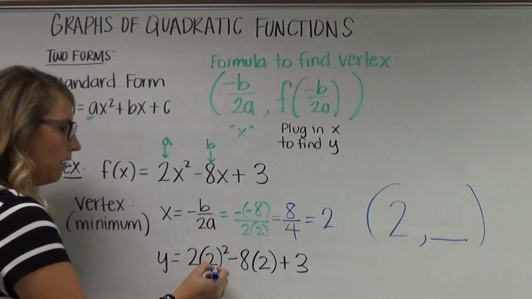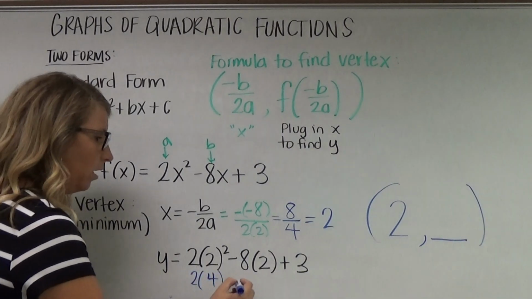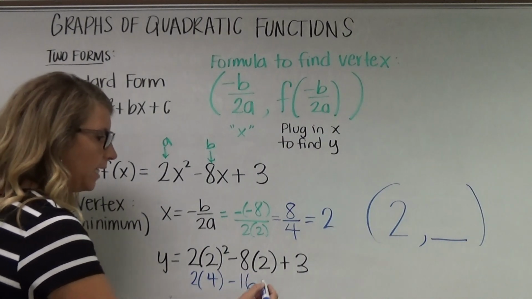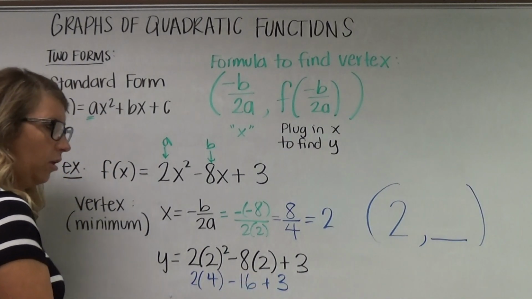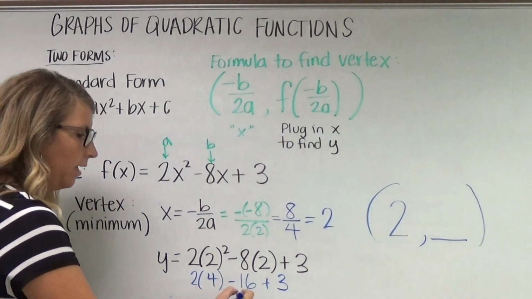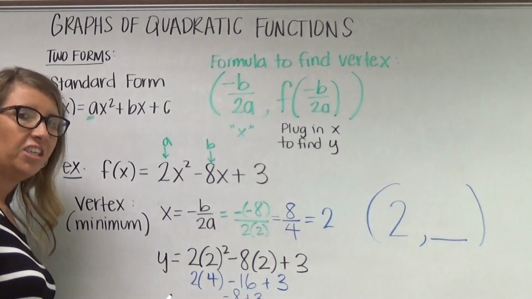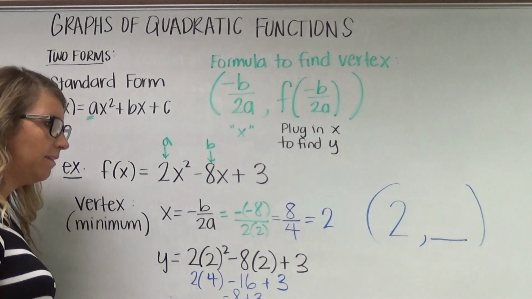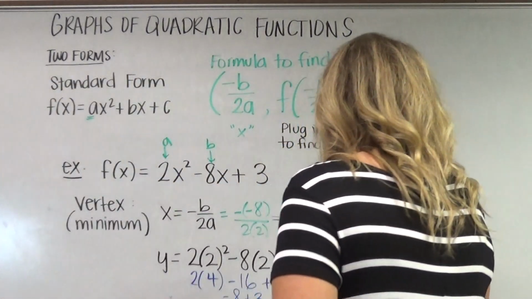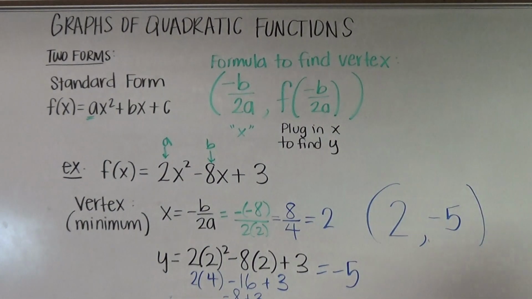And let's see what we get here. 2 squared is 4. 2 times 4, kind of breaking it down. -8 and 2 would be -16 plus 3. We can go one more step here. That's 8. 8 minus 16 would be -8 plus 3. And finish that up. -8 plus 3 is -5. So my y value that goes with the x value of 2 is -5. And now I have a vertex, or a minimum point in this case.